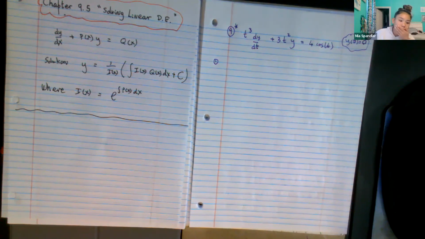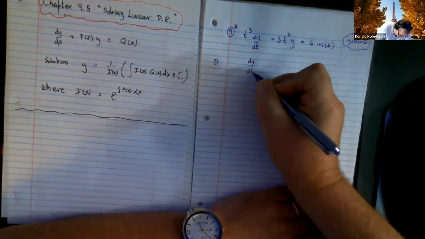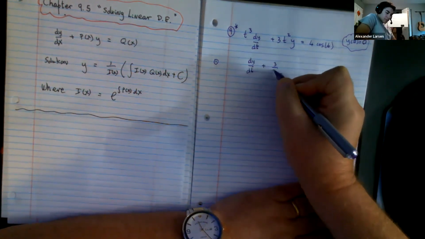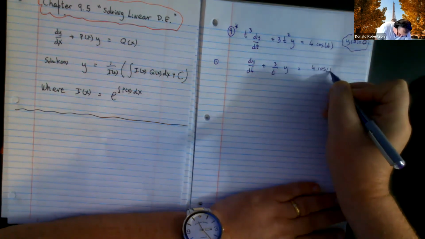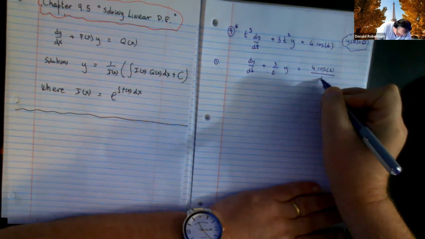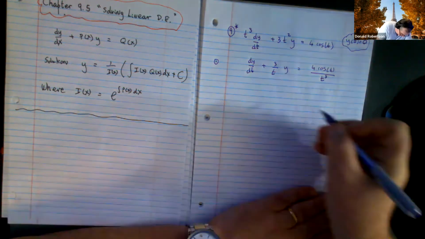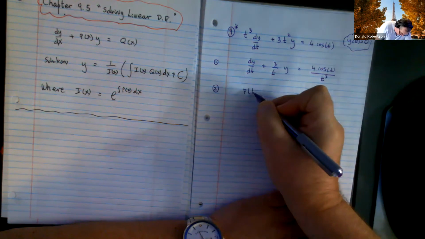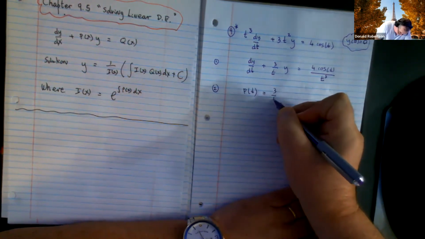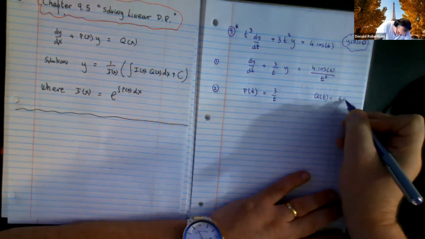Divide by t over 3. Okay, so this guy becomes what, 3 over t? And this guy is just ugly. You all comfortable about that? Every step, virtually every question had that step in it. We'll identify the p over t, and we'll identify who q over t is going to be.